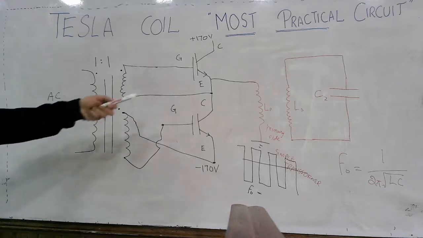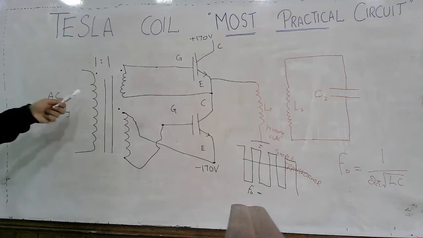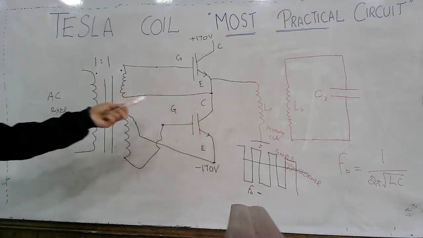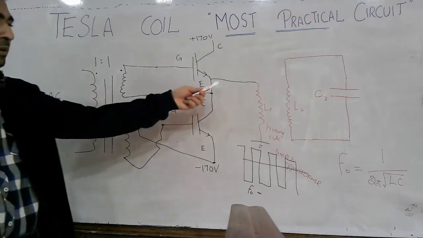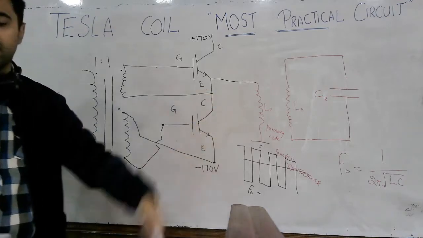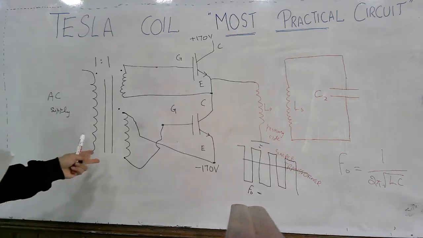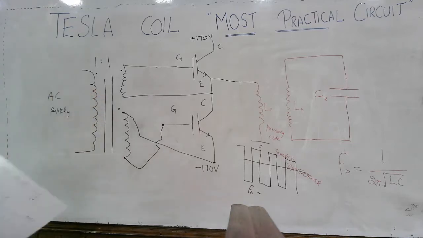Because we don't want both of these transistors to turn on, and this 1:1 transformer is used to provide proper isolation, because a low power gate driver IC will burn here, since the waveform is a very high frequency waveform. So now this is the gate driver circuit. Now your secondaries are isolated. Okay, so this is the basis of the gate driver.